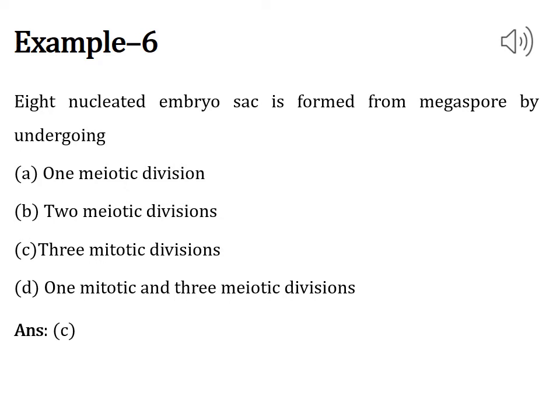Each nucleus undergoes 2 mitotic divisions and the mature embryo sac is formed with 8 nuclei. So 3 mitotic divisions take place. You can see this in the picture also. After megaspore development, 3 mitotic divisions take place and form the megagametophyte.